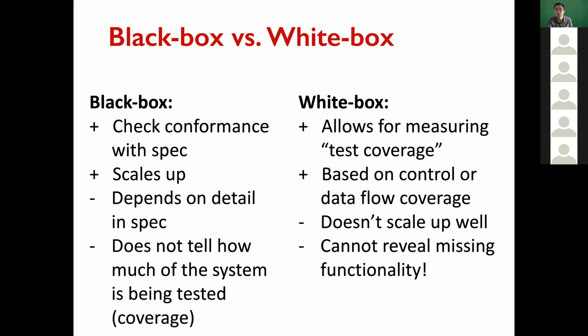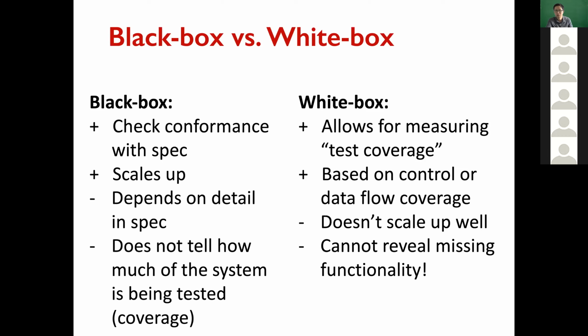It is easy to scale up because it doesn't look at the internal code, so it runs more efficiently. However, it depends on details in the spec, so we need to make sure our specification is very clear. And it doesn't tell how much of our system is being tested. We don't look at the internal structure of the system, so we don't know whether it's well covered.